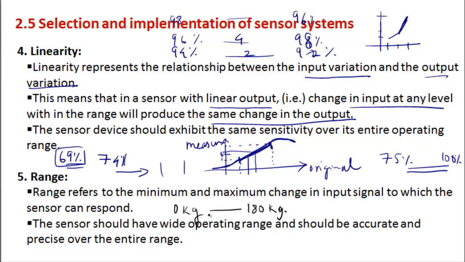Now why is it that they are building it for this much range? Obviously a human can weigh, sometimes in very rare cases, beyond 180 kilograms, but almost 99% of the people, or 99.99% of the people will fall within this range. So they need to make a sensor which actually measures within this much value.